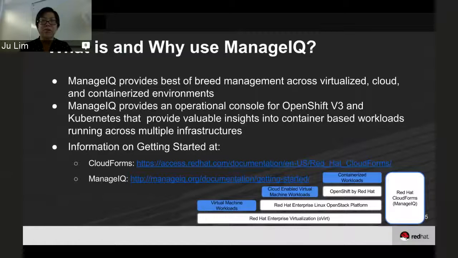And the Red Hat branded version of ManageIQ is CloudForms. The picture shows that whether you're in a bare metal environment, a virtualized environment, or a cloud environment, and the cloud could be OpenStack, AWS, Google, or any of the other supported clouds that run containerized workloads, you should be able to use ManageIQ or CloudForms to manage these workloads.